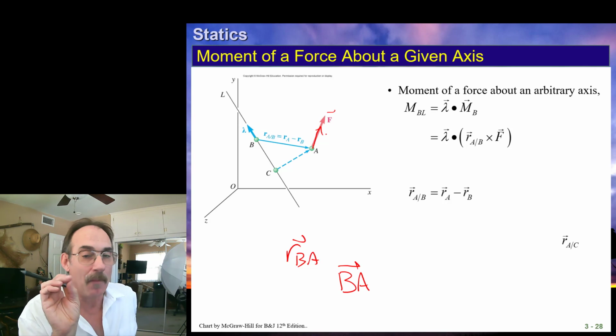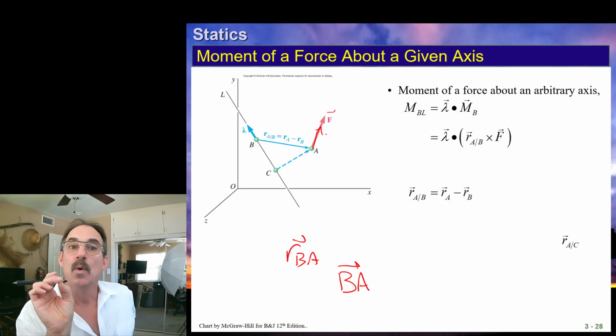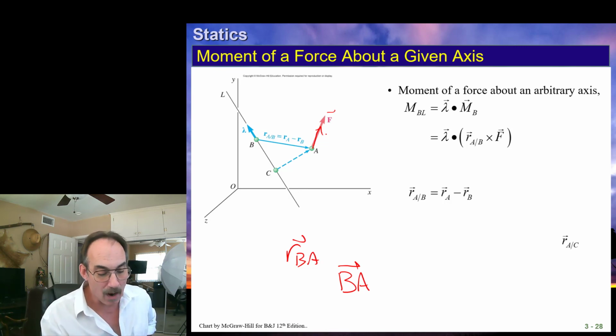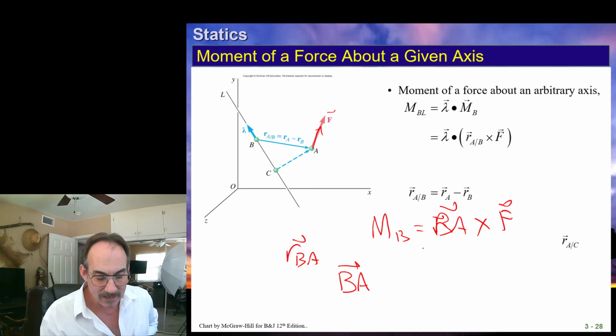But we didn't want the moment of the force about B. We wanted the projection of that moment on that line of action. So now we're going to take the dot product of that moment, which we just calculated, MB equals r cross F, which is actually BA cross F. Now we take the dot product of the axis we want with this moment, which gives us the projection of the moment on that line of action, which we could call BC.